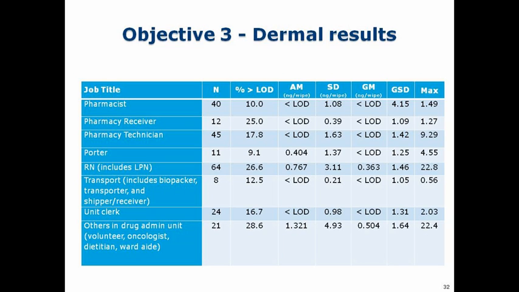And so these are novel job categories we talked about: the unit clerk, these other individuals in the drug administration unit, as well as some of the transport staff, as well as the pharmacy receiver. These are all individuals that were never examined in other literature that we could find. And so that is another contribution that we were able to make to the scientific community.